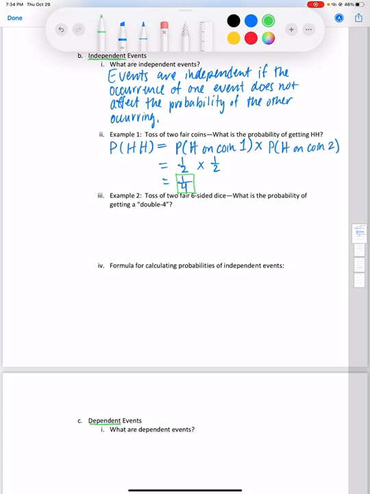Let's go ahead and do example number 2. We're going to toss two fair 6-sided dice. What's the probability of getting a double 4? Which means that a 4 will come up on one die, and a 4 will come up on the other die.